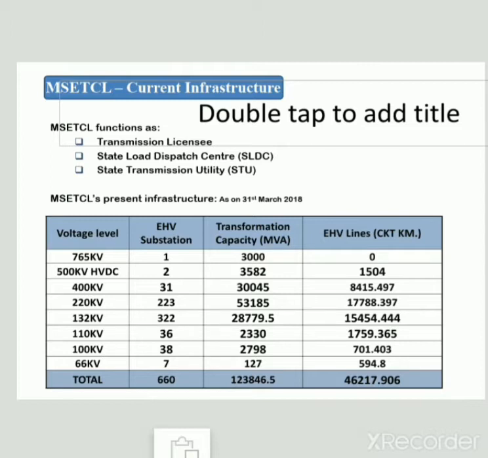Then, according to this information, there are 400 kV, 220 kV, 132 kV, 110 kV, 100 kV, and finally 66 kV. According to all these voltage levels, EHV substations are installed. This is the information from the report researched in 2018.